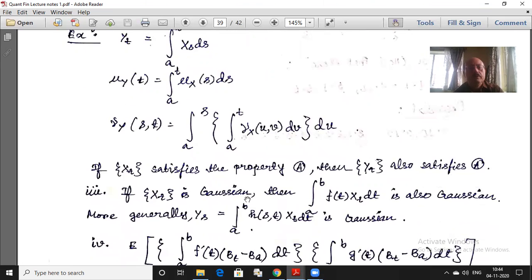Also, suppose X(t) satisfies that class of properties A, capital A, that we have been using time and again. One can show that if X(t) satisfies property A, then Y will also satisfy property A, because property A has the mean, covariance continuity and the mean square property.